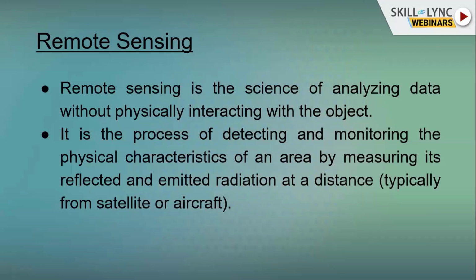This is a very basic principle of remote sensing, and it is also a process of detecting and monitoring the physical characteristics of an area by measuring its reflected and emitted radiation at a distance. So this is basically a phenomenon of detecting and monitoring the characteristics that an object has on the ground.